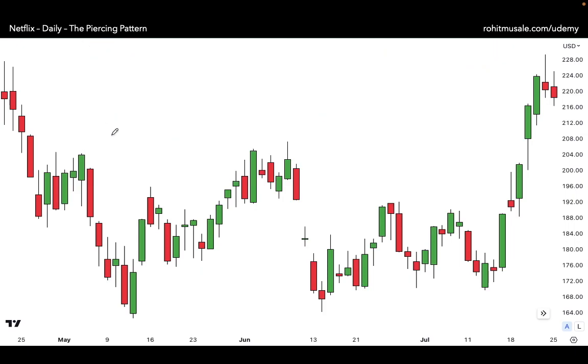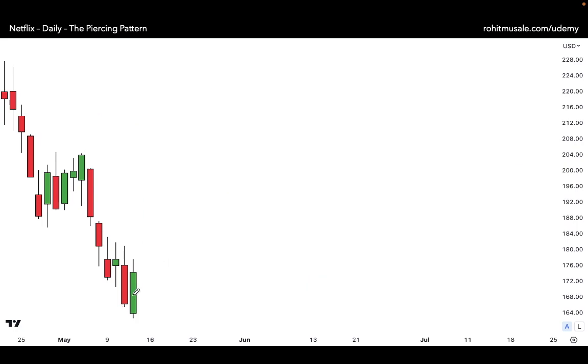Every pattern has an ideal version and a variation. In this case, ideally the opening should be below the low of the prior candle, right? However, a variation could be, let's say this shadow is tall. This is a variation of a piercing pattern. Yes, the price opens below the close of the prior candle, but it doesn't open below the low of the prior candle.